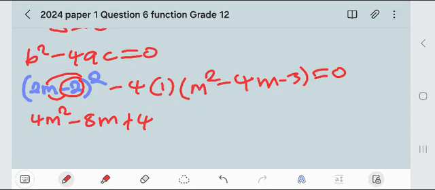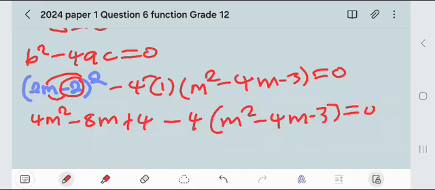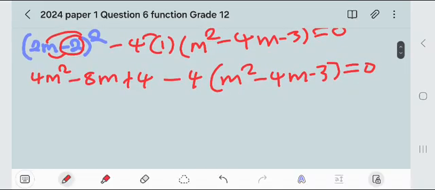Then here, let's check. We'll have 4 multiplied by m squared minus 4m minus 3 equal to 0. Then here you still have this, m squared minus 8m plus 4.